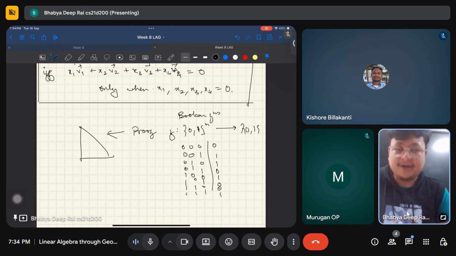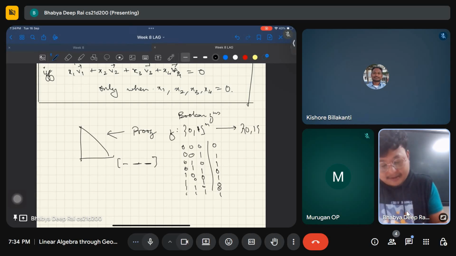But additionally, I can imagine each of the placeholders to be a dimension, and then I can make a containment diagram out of it, which is something like 0, 0, 0, 0, 0, 1, 0, 1, 0, 1, 0, 0, and then the intersection of these two will be 1, 0, 0, 1, 1, and here the intersection of these two, which will be 1, 1, 0, 0, and then the intersection of these two, which will be 1, 0, 1, and then the intersection of all three is 1, 1, 1.